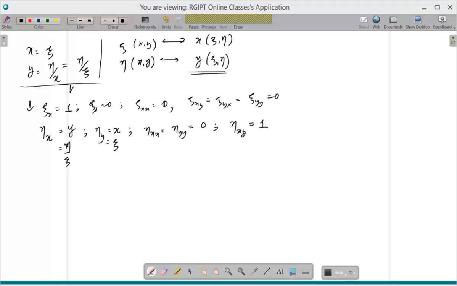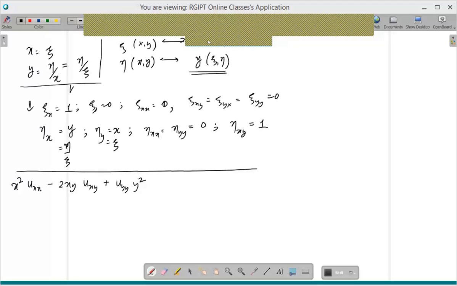Now, start with the original equation and keep substituting. So x square uxx minus 2xy uxy plus y square uyy. Is that the one?